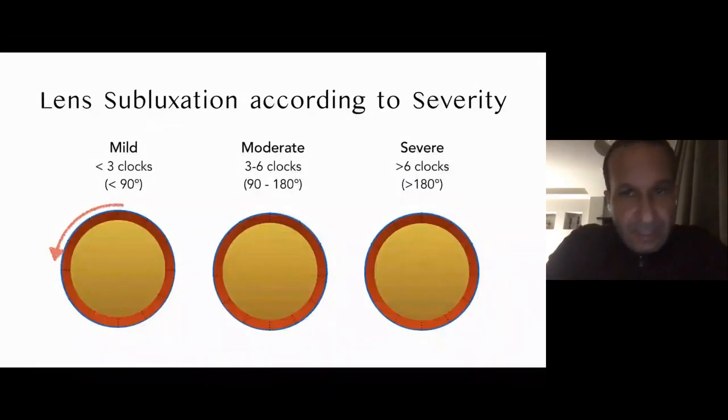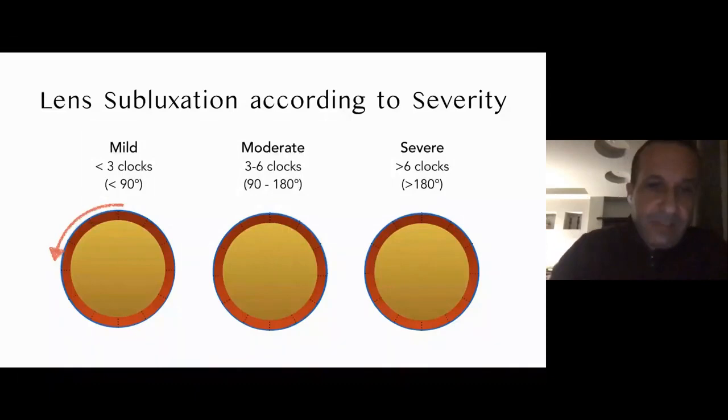As you know, lens subluxation can be classified according to the severity into mild, moderate, and severe. Mild lens subluxation means that there is zonular damage of less than 3 clock hours or less than 90 degrees of arc.